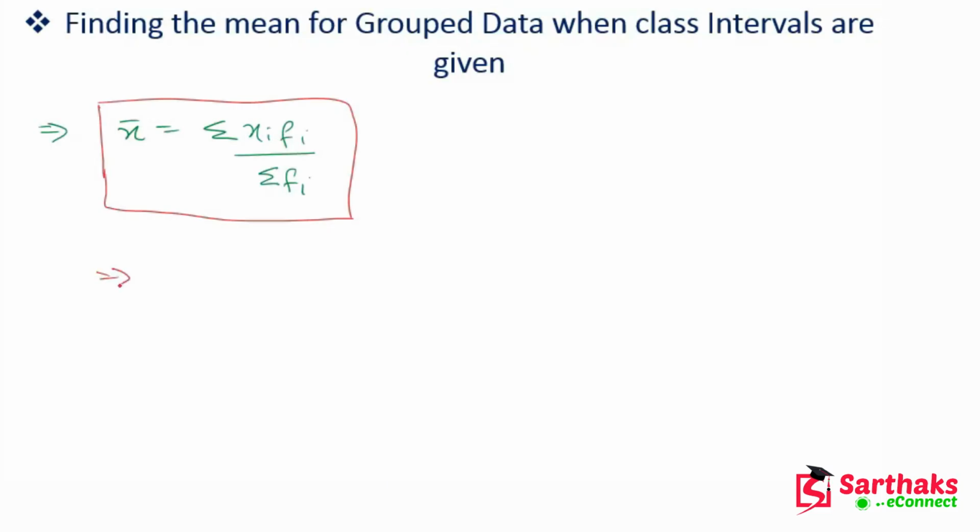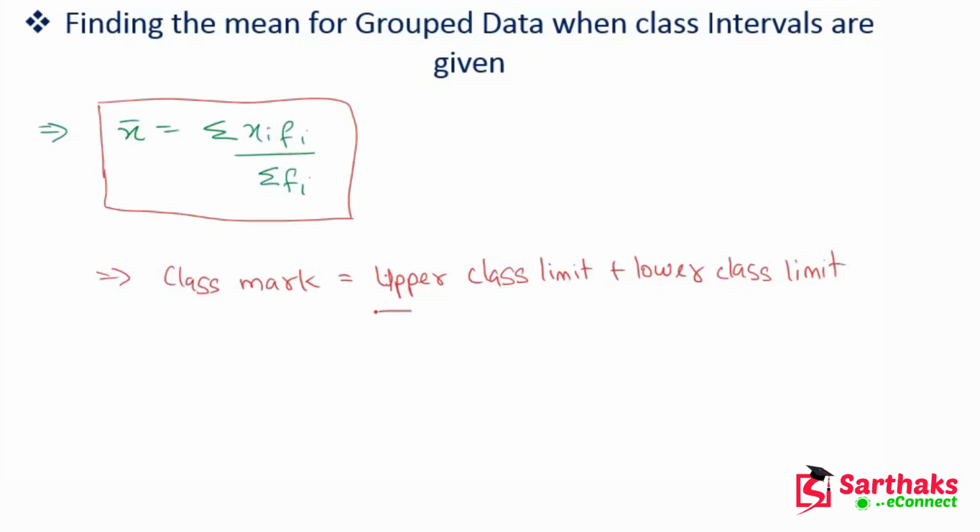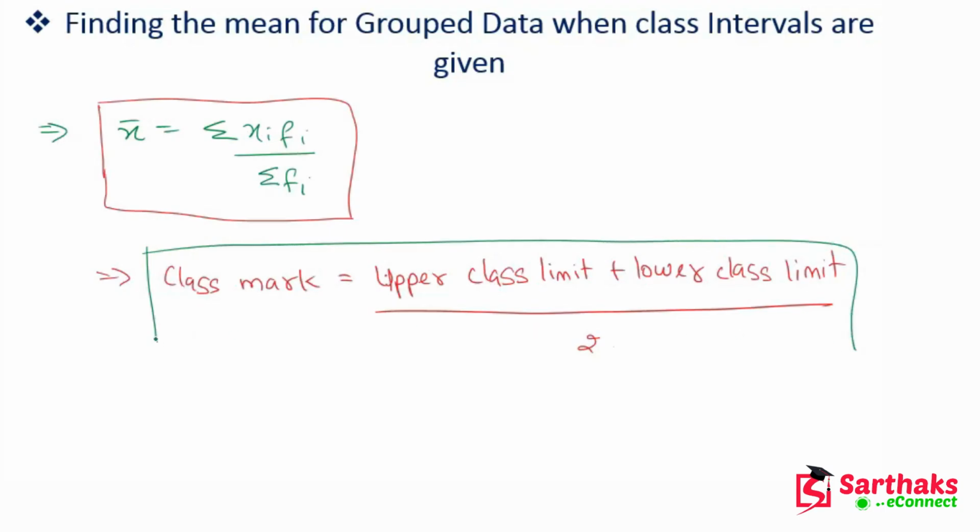And we already know the class mark is equal to upper class limit plus lower class limit divided by 2. So this is the class mark formula.